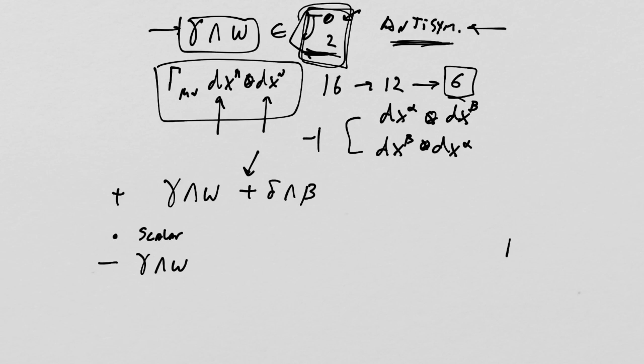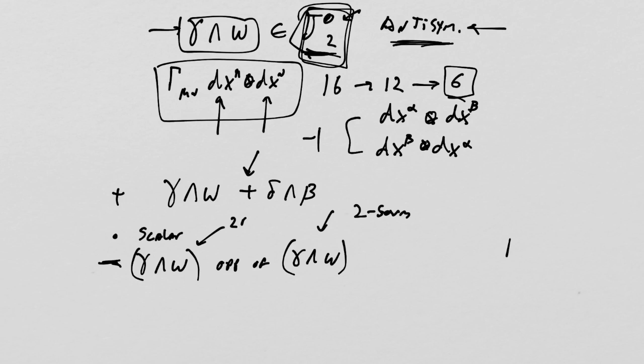This is an antisymmetric tensor, and that is the opposite of gamma wedge omega. Now realize I'm putting a negative sign out in front of this. This is a representative two form.